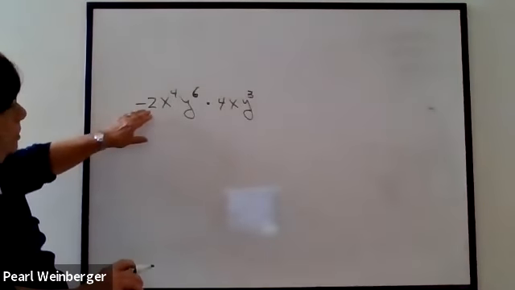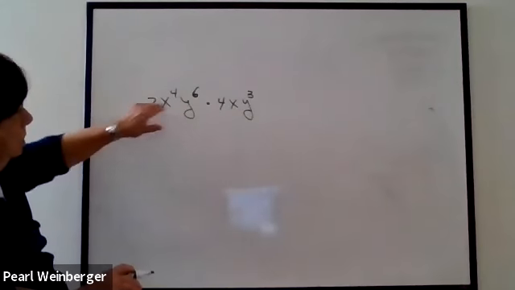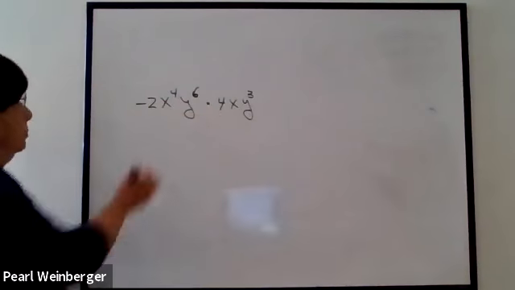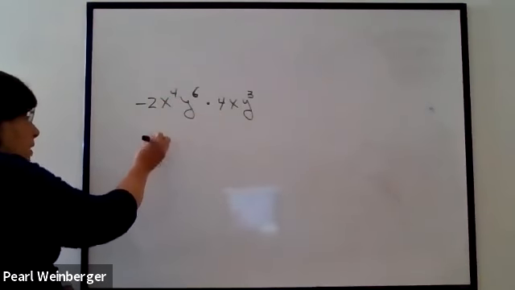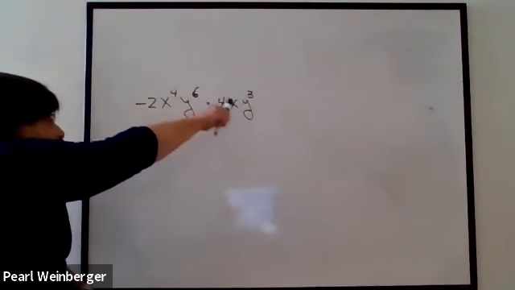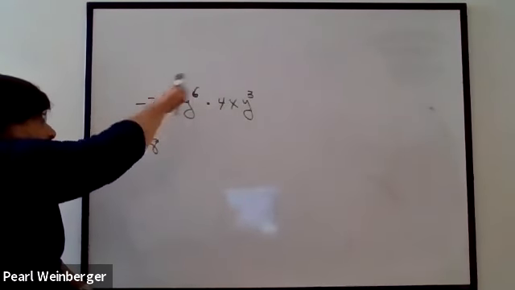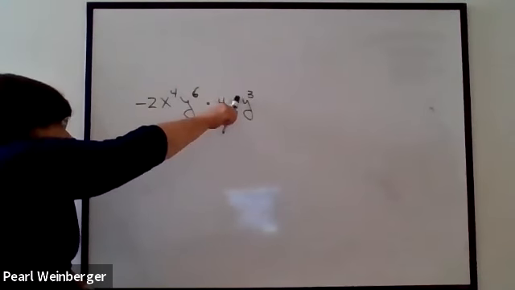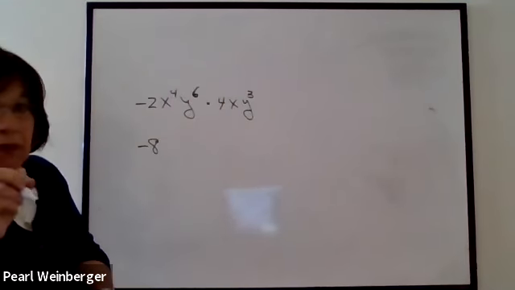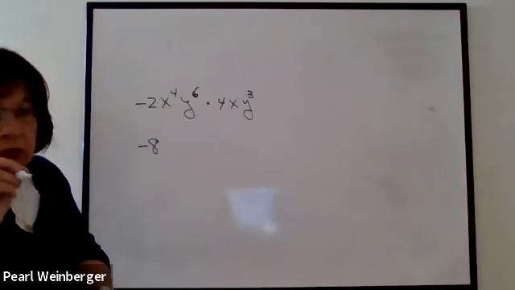The way we multiply monomials is we first multiply the coefficients, which is the -2 and the 4. Those are the numbers in front. And then we multiply the letters by adding their exponents. So here's an x⁴ and x. Remember, if a letter doesn't have any exponent, the exponent is understood to be 1.